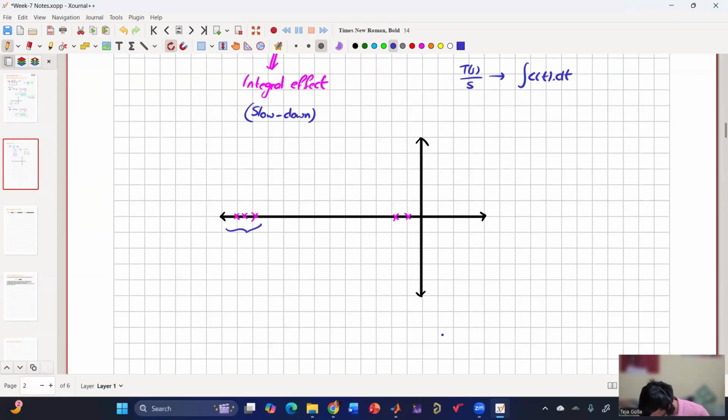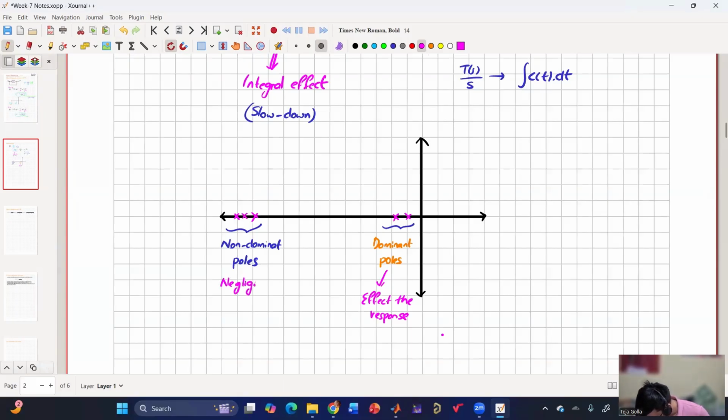The ones that are far away are called non-dominant poles, and the ones that are closer are called dominant poles. So these will affect the transient response, and this will have negligible impact.